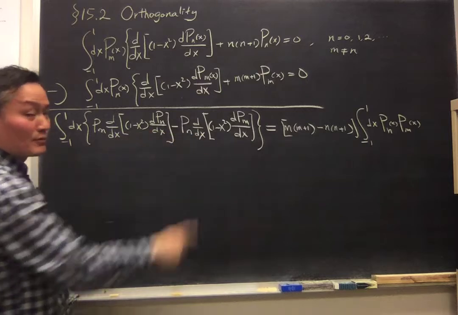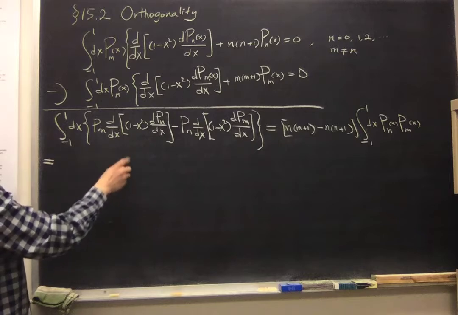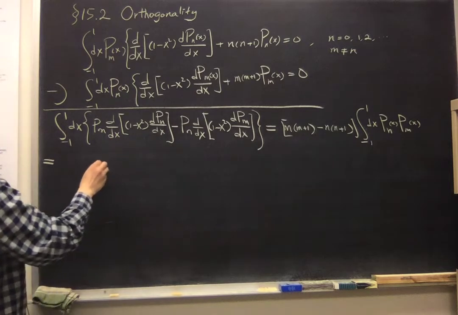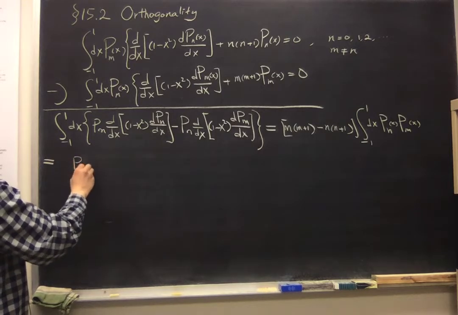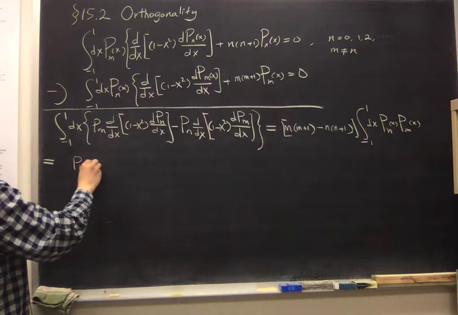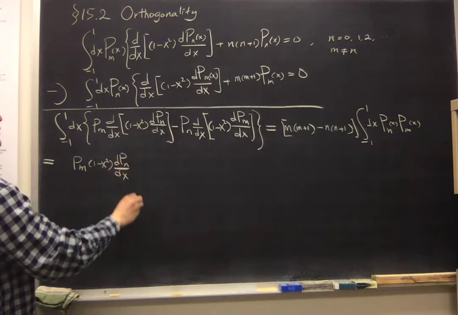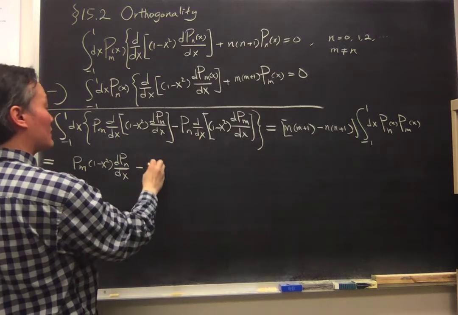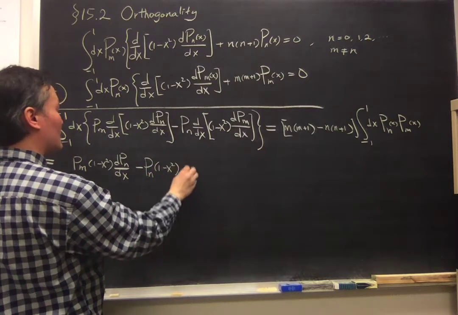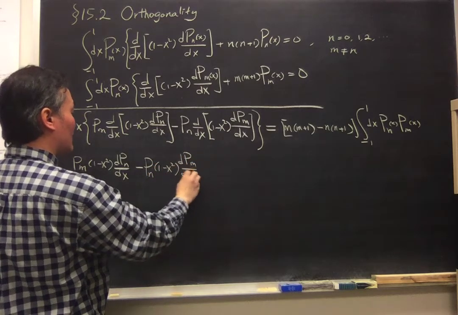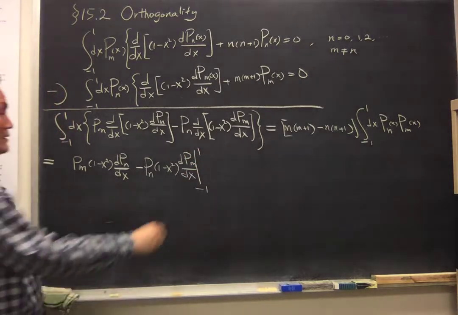So this is equal to P_m (1 minus x squared) dP_n/dx minus P_n (1 minus x squared) dP_m/dx, evaluated from minus 1 to 1, and subtract.